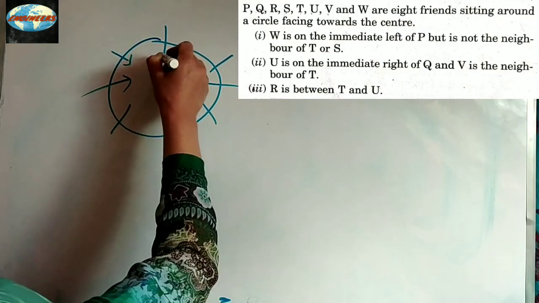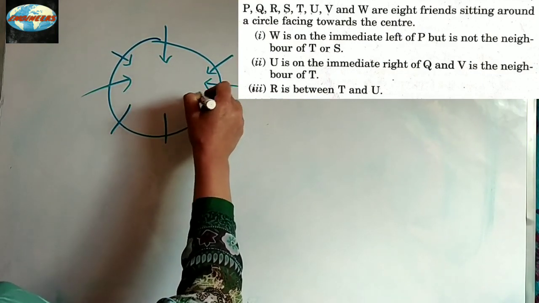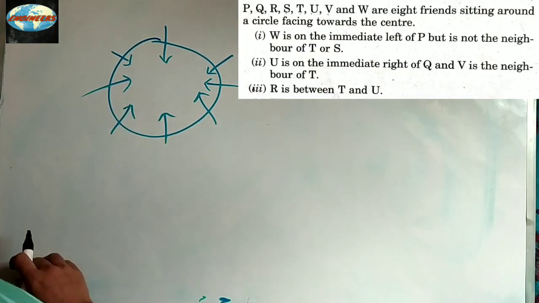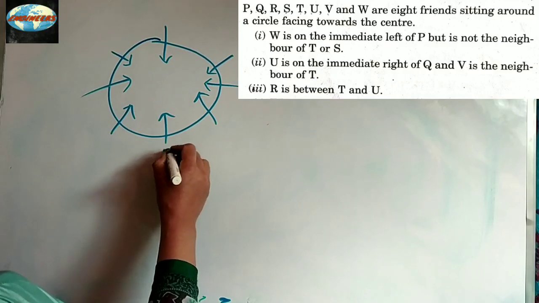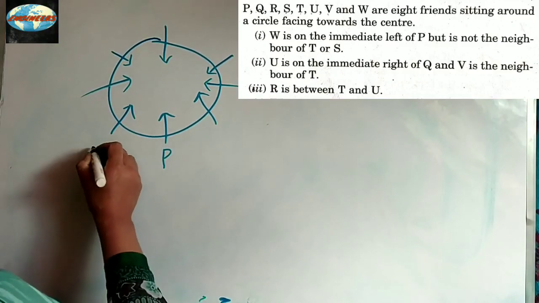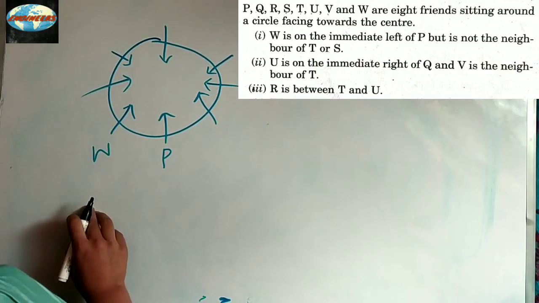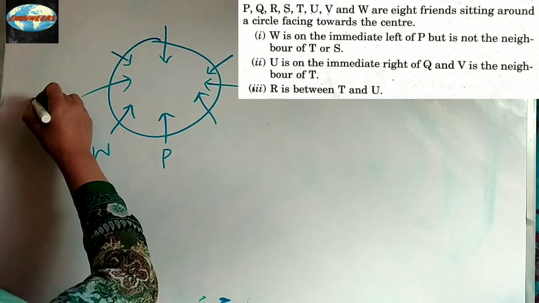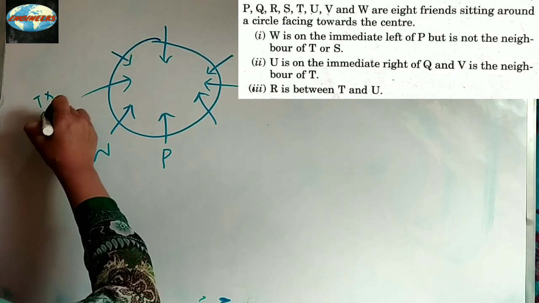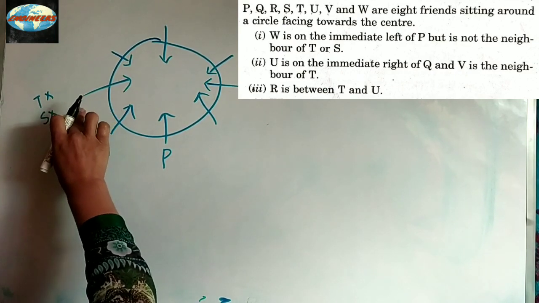It's given in the question, all of them are facing towards the center. Okay. W is on the immediate left of P. This is P and immediate left is W. But W is not the neighbor of T or S. So we cannot place T or S over here.